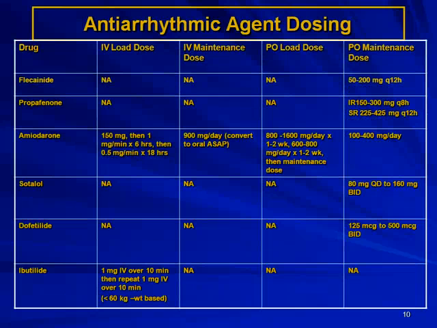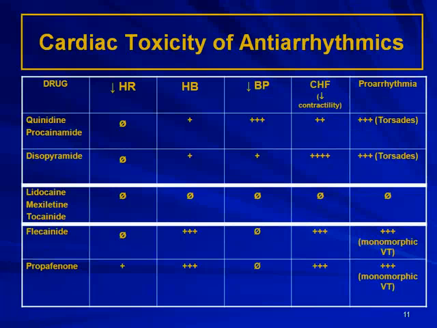So I haven't included drugs like tocainide or quinidine that are no longer used. But I'm not going to read through this. You can use this as a resource in your own practice. I think it has what I consider to be the most appropriate recommended doses for the average patient that you would treat with antiarrhythmic therapy.